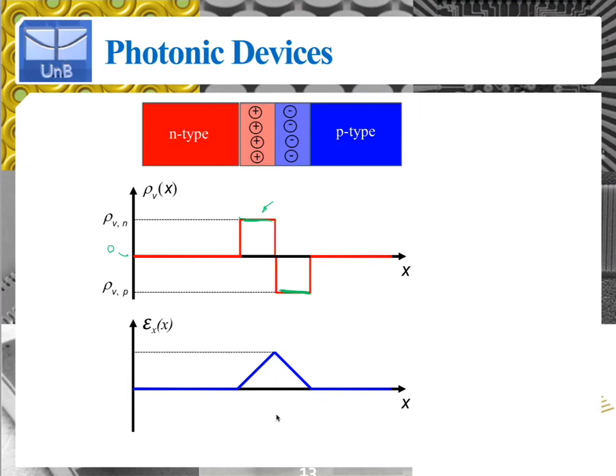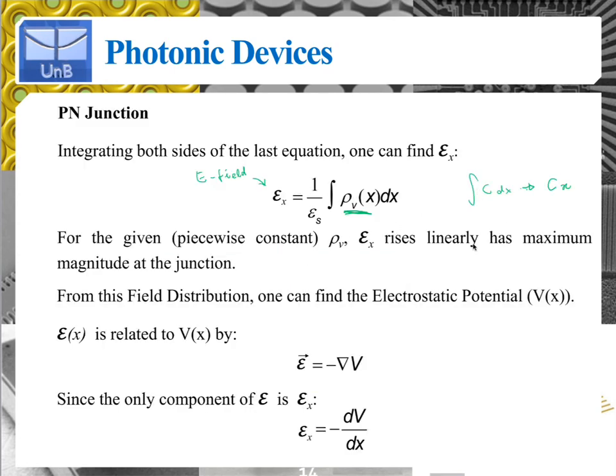So this is the shape of the x component of the electric field. It will rise towards the center of the junction, the interface, and then it will go down because the electric field has to be continuous, right? So you can plug in numbers here and find this function out, but you'll get something like that.